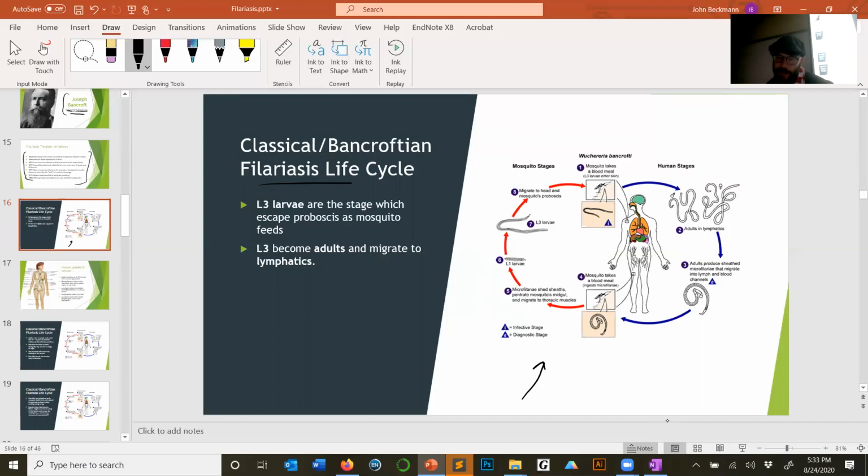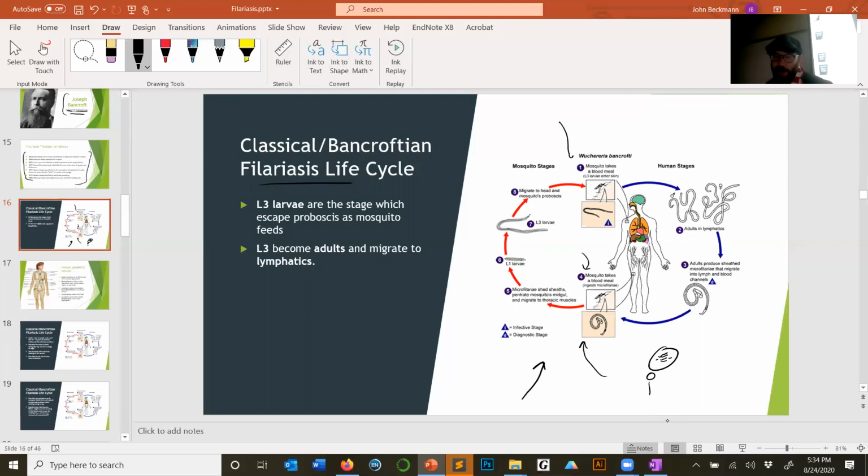What happens is a mosquito will start here. Let's start here at 4. A mosquito takes a blood meal from a human that's already infected with filarial nematodes. In the mosquito's gut are these worms, which get picked up right here.